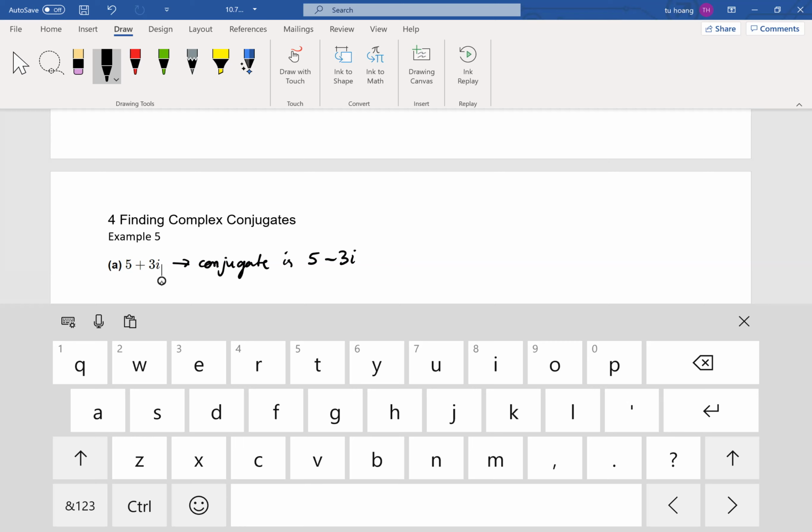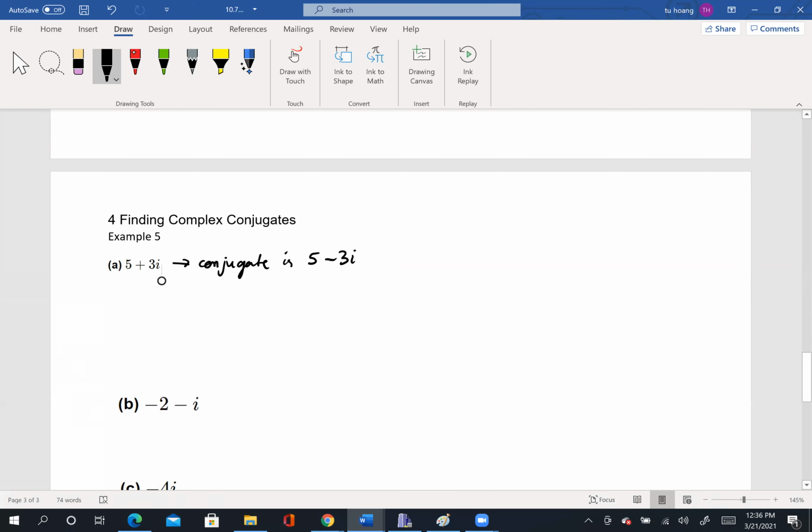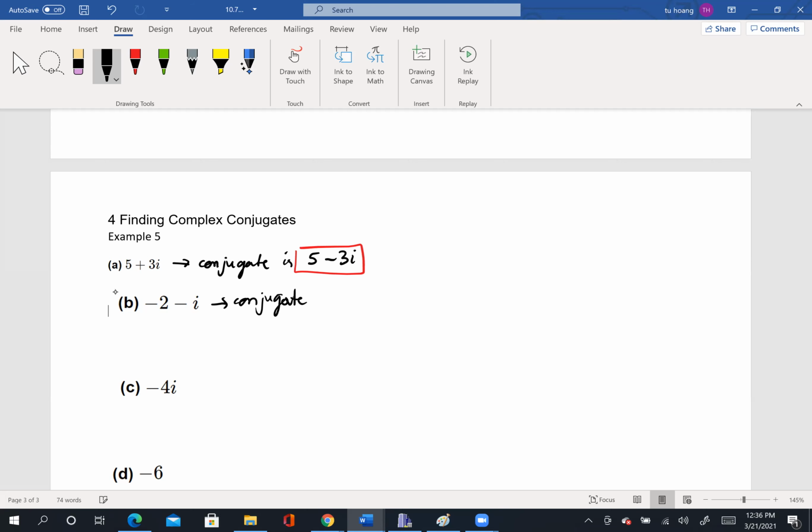Okay, what about the conjugate of negative 2 minus i? Easily you can guess the conjugate is negative 2 plus i. That's the answer.